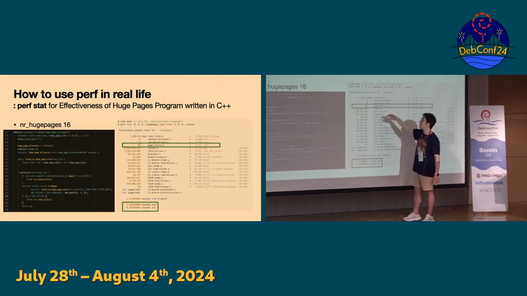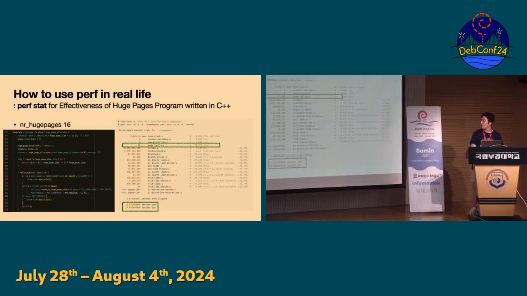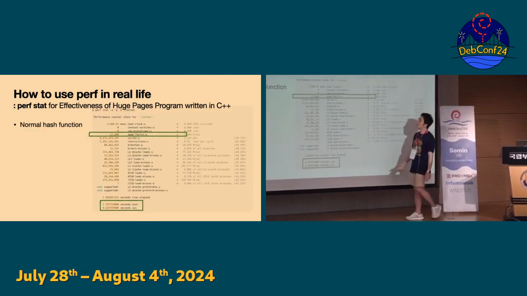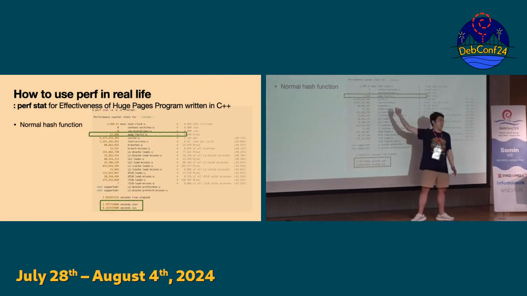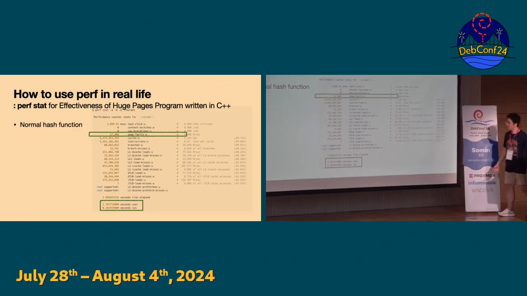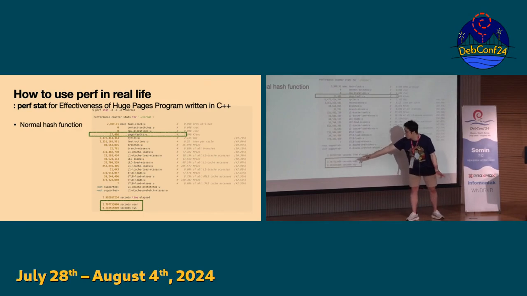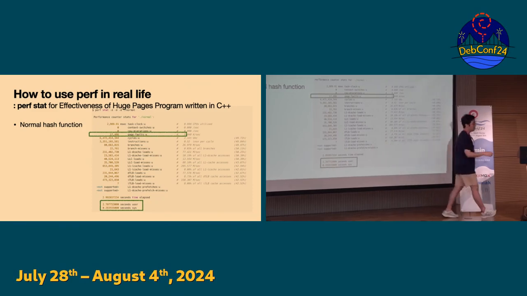So 86 page faults only, in comparison with 17,000. So even faster in kernel space.